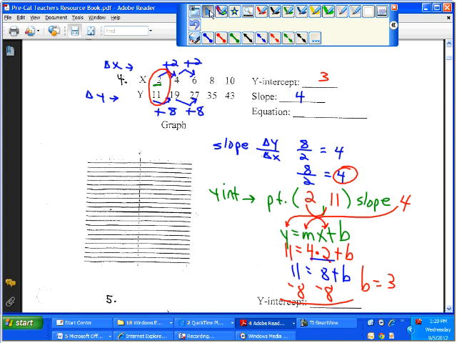You could have used your point-slope formula also, y - y1 = m(x - x1), and then transformed that into slope-intercept form. Okay? So my equation then is going to be y equals slope 4x plus y-intercept 3, right?